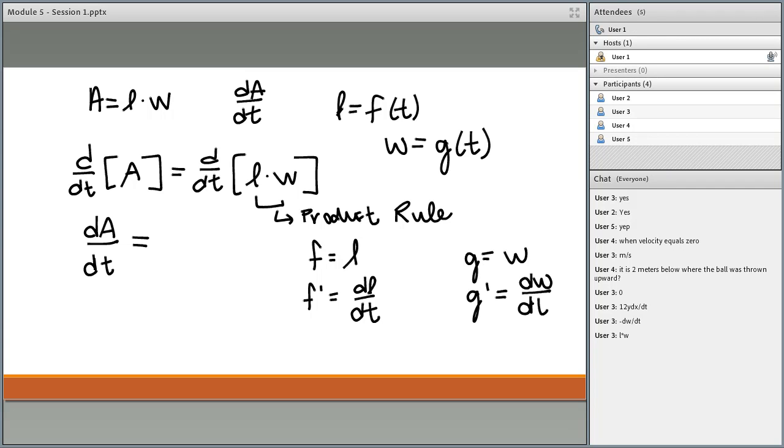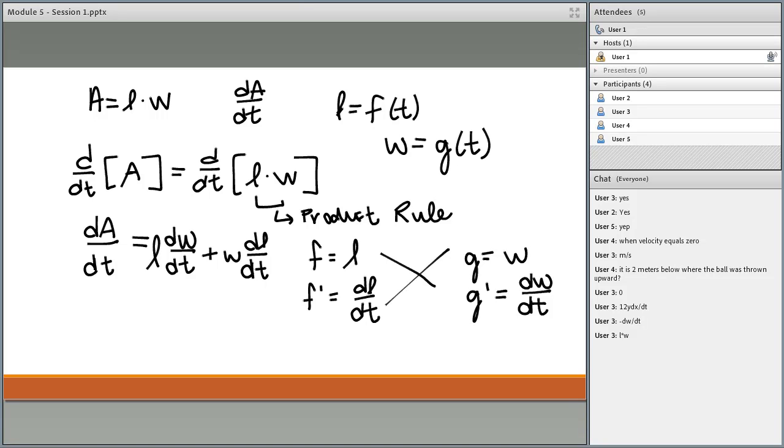And then we can cross multiply. So I have L dW/dt plus W dL/dt. And again, the chain rule has to be used because both of these are a function of time.